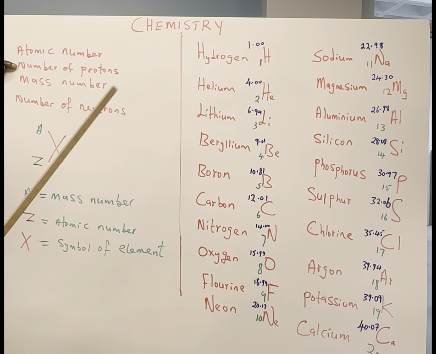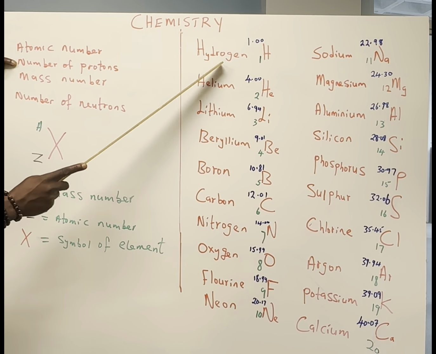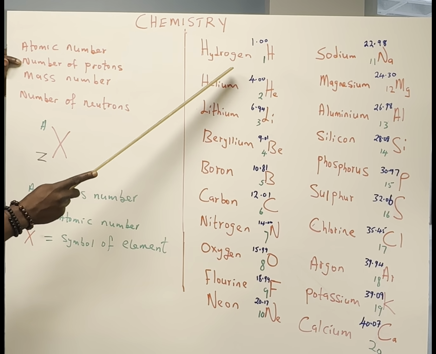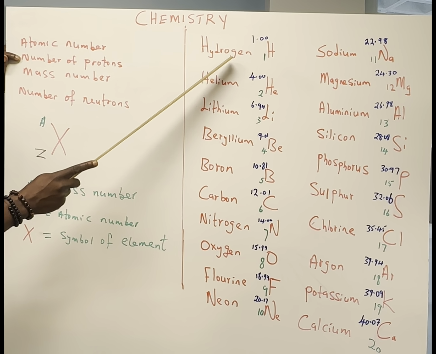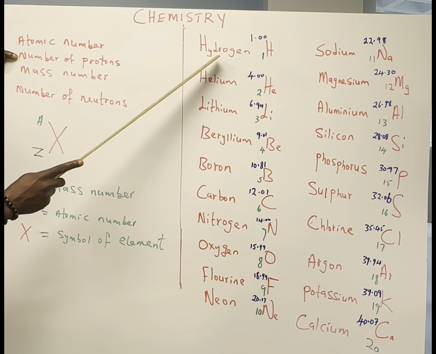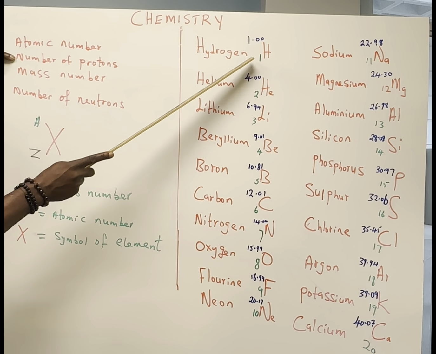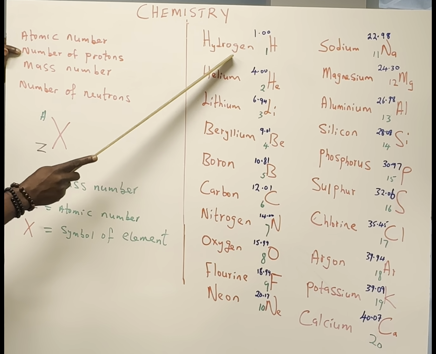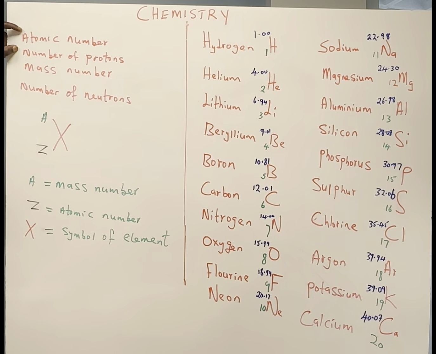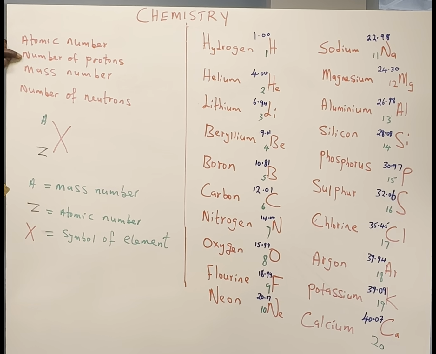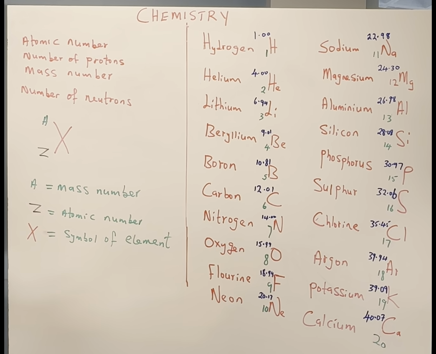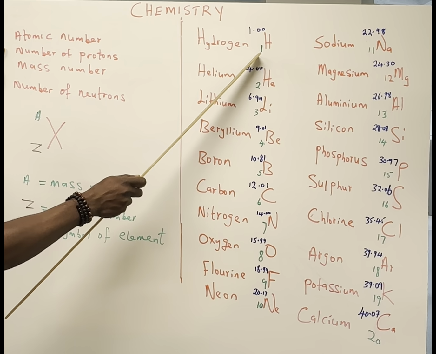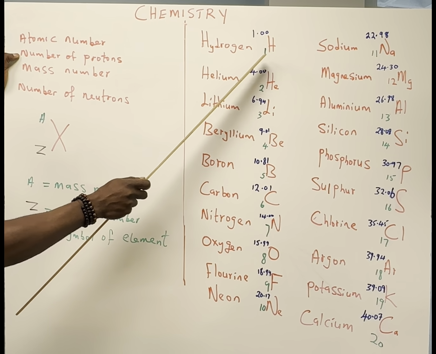For example, the atomic number of hydrogen is 1, and we define atomic number as the number of protons. It means that hydrogen also has number of protons as 1. Atomic number 1, number of protons is also 1. So atomic number and number of protons are saying the same thing, just different names.